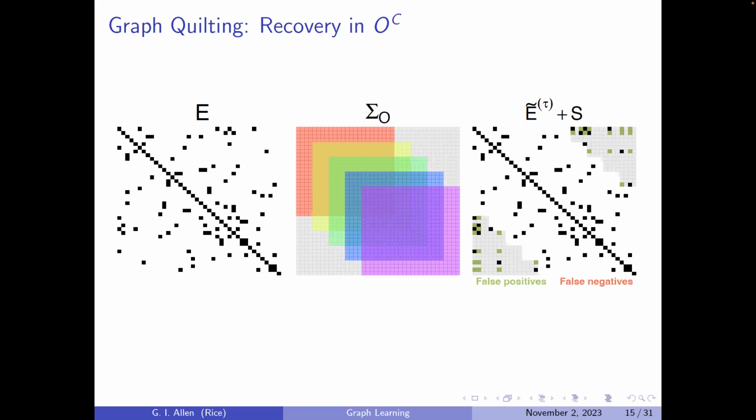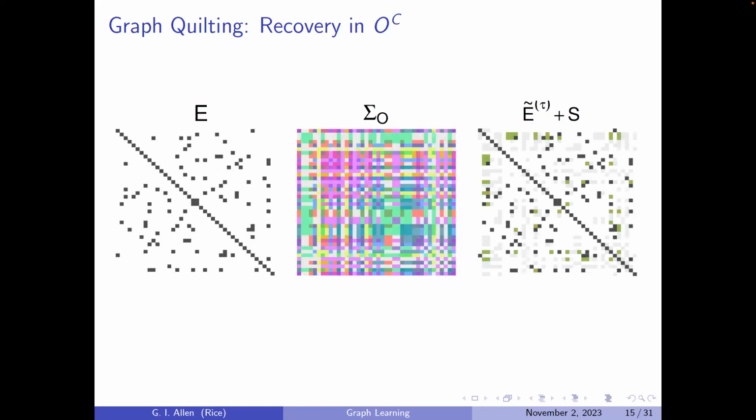That's a very simple way of saying it, but it has to do with these paths that go through O complement connecting them. And that's why we're fairly confident that we can recover graphs really well that are sparse, but still have lots of paths through them. An Erdős-Renyi graph is actually kind of hard sometimes, a sparse Erdős-Renyi graph, because there's not enough paths between the nodes. But with a small world or a scale free graph, there's lots of potential paths and it's much easier. Does that sort of make sense?